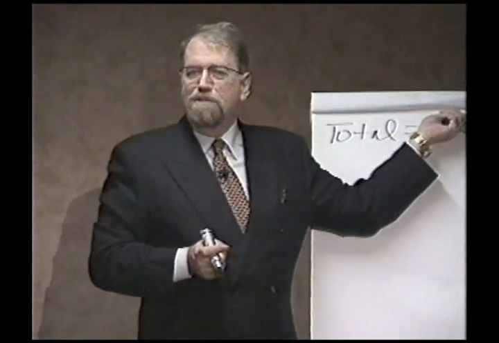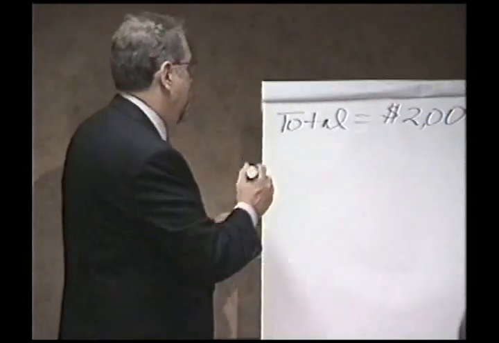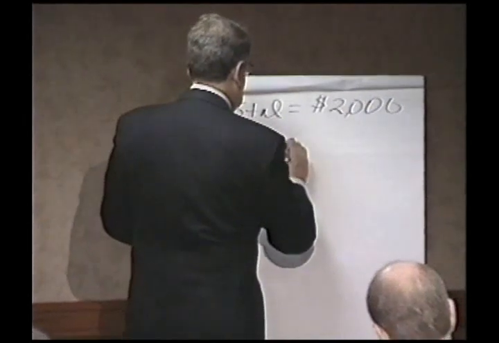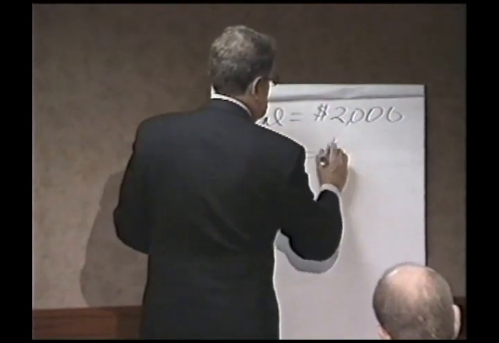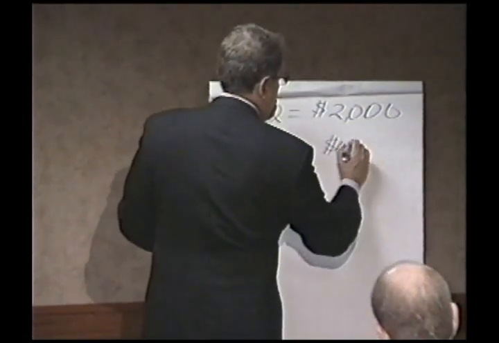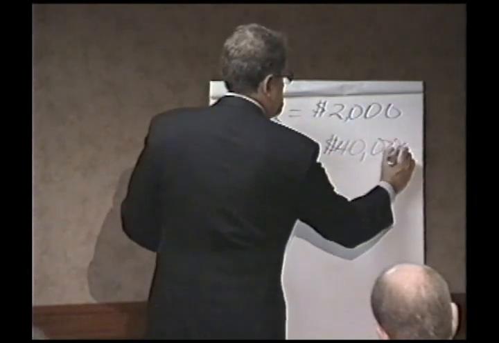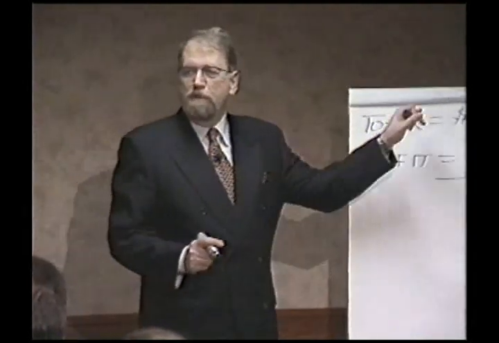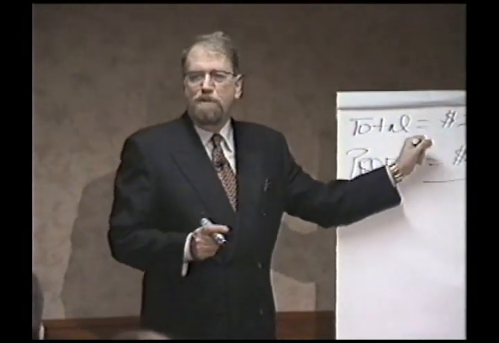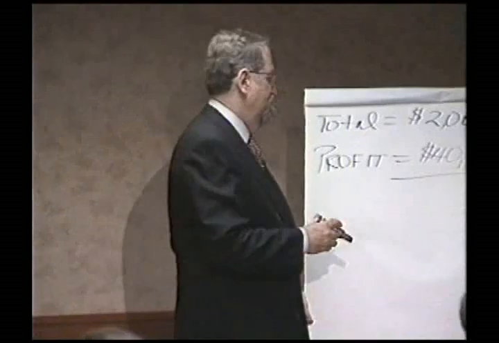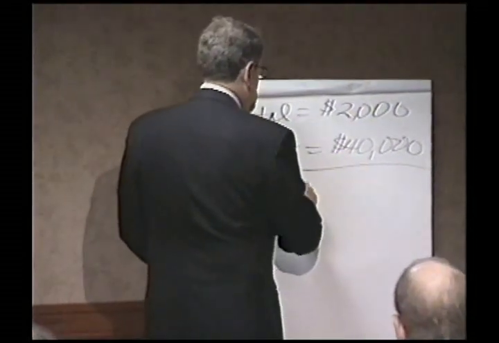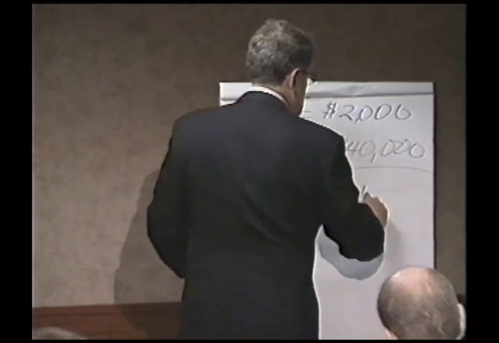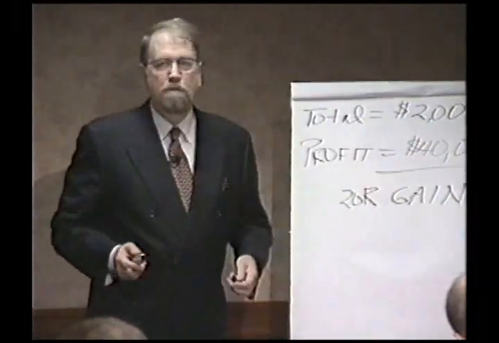But you have a $2,000 risk at the beginning. Your profit ends up being $40,000. With this alone, you can switch this to an R multiple. Basically, you have a 20R gain.